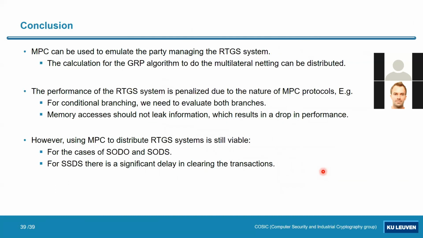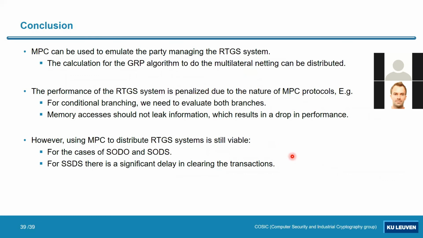To sum up, we show that we can use MPC to build decentralized RTGS systems, and with the MPC protocol, we can give the role of the central party to a set of parties to solve GRP in a distributed manner.